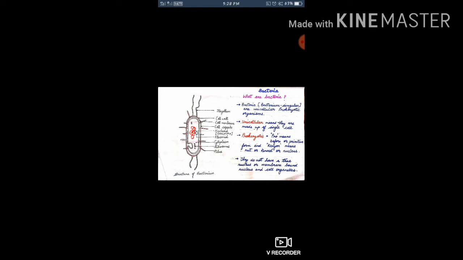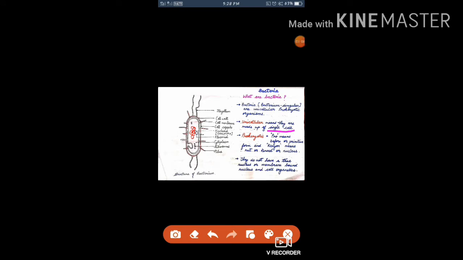Bacteria are unicellular prokaryotic organisms. Now the question arises, what is the meaning of unicellular? Uni means single and cellular means cell. So bacteria are made up of a single cell.